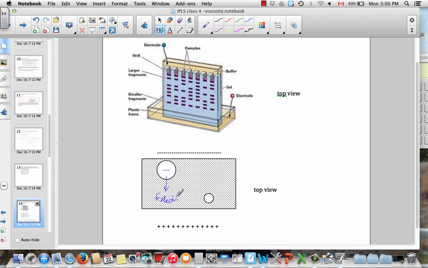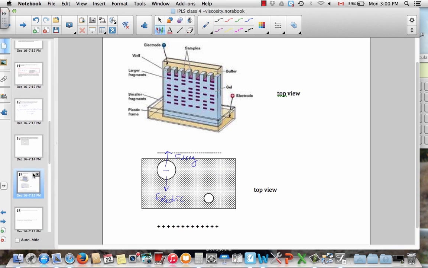Now, of course, that's not the only force. There's also a drag force on them that tends to resist their migration. And because the drag force depends on speed, these particles very quickly reach a terminal constant speed as they move through the gel.